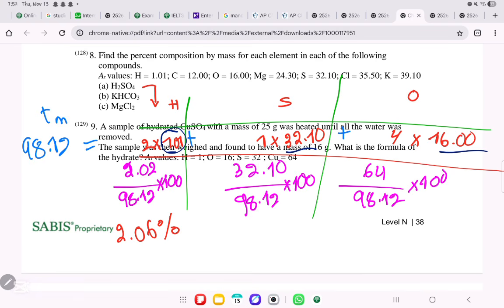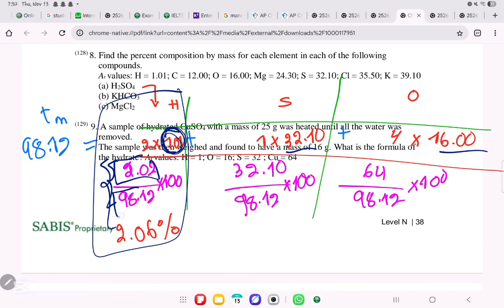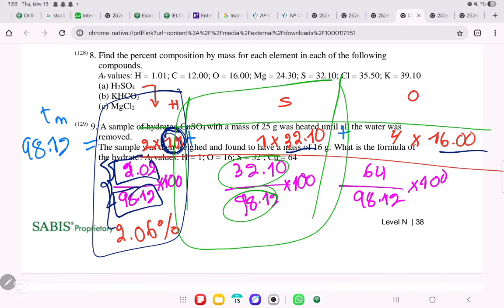Actually, no. It's not necessary for all of them to be to 3 significant figures, sorry, my bad. Because hydrogen has 1.01, when you're doing the division, you take 2.02 over 98.12. Which has the least significant figures? 2.02, which is 3, so you base it off of this. When you move on to sulfur, both numerator and denominator have the same number of significant figures.